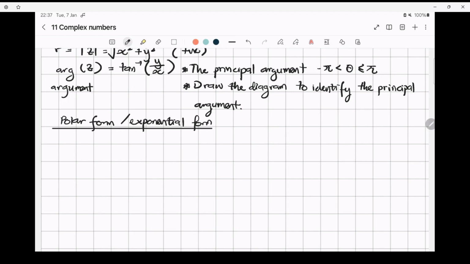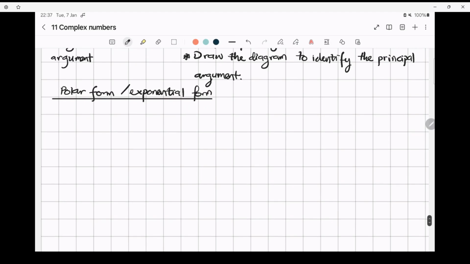By considering one very important formula, which is e to the i theta equals cos theta plus i sine theta. Why is that so?